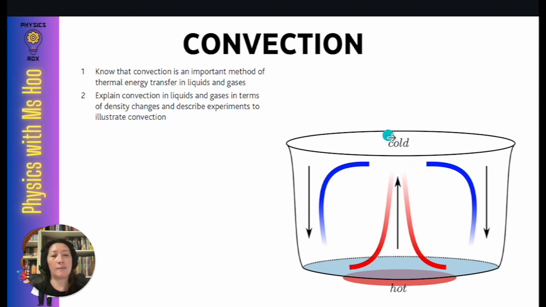This keeps taking place, and of course eventually the entire container of fluid would be about the same temperature, but the convection current will still happen because the particles at the bottom will always be hotter due to the proximity to the heat source. So that's what happens in convection.